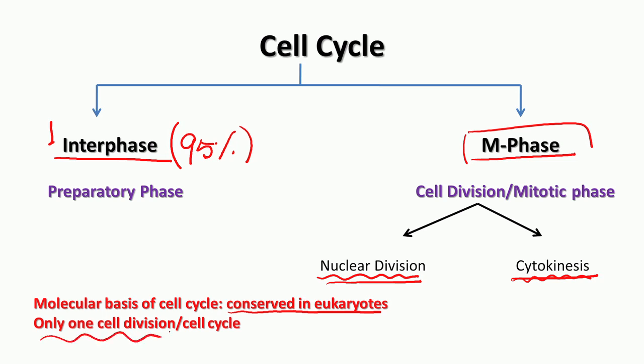So, every cell prepares itself, generates enough raw material, gets ready to duplicate its DNA. Having generated equal copies of its genetic material, it then divides. So, in one cell cycle, the nuclear division and the DNA replication happens once.